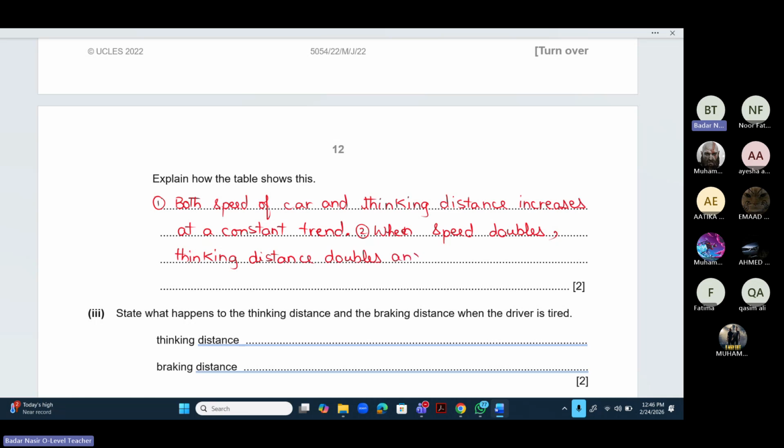and when speed increases 3 times, thinking distance also increases 3 times.